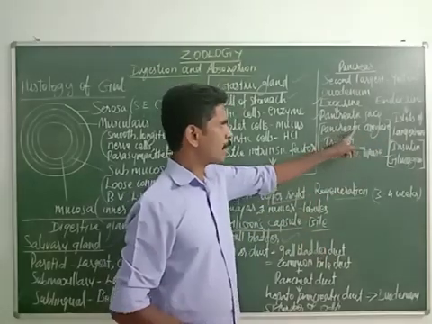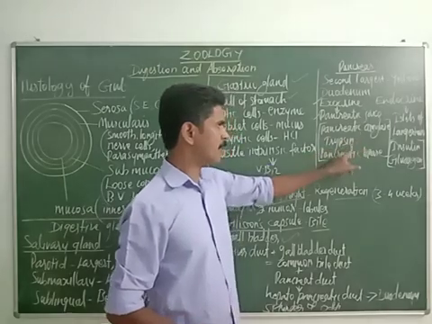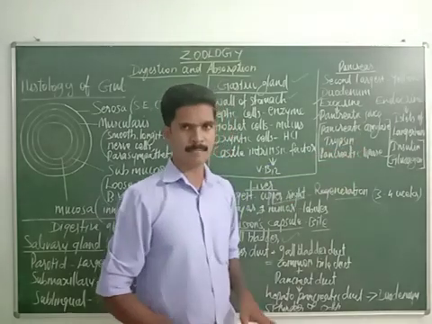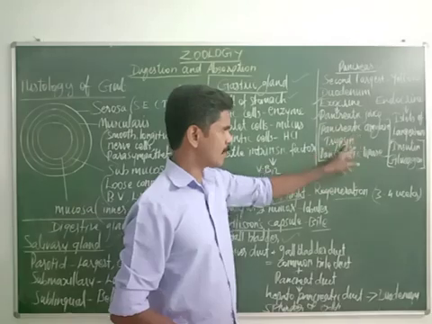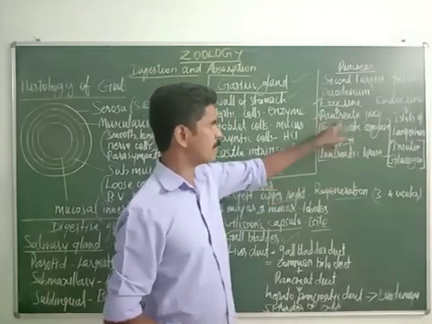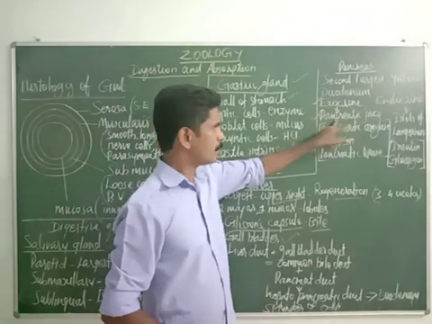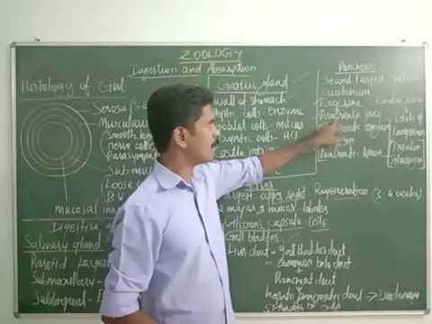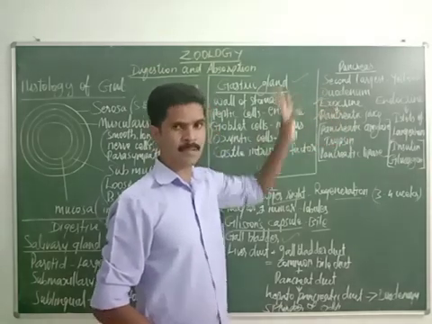The enzymes are pancreatic amylase, trypsin and pancreatic lipase. These are the 3 enzymes present in the pancreatic juice secreted by the exocrine portion of the pancreas.